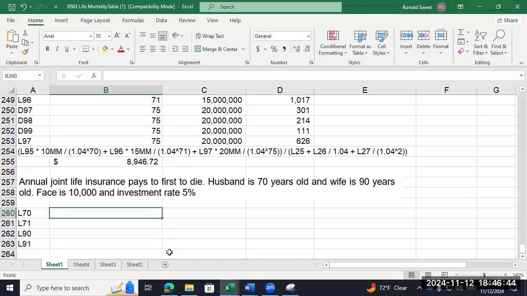We don't need the D's because we're going to take 1 minus the probability of them both living.